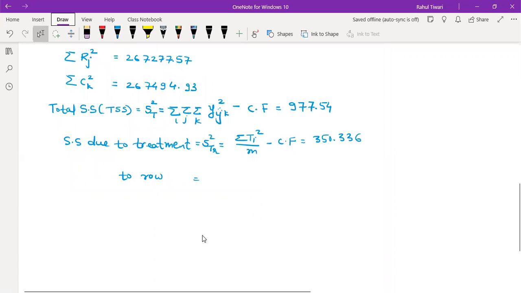So SS due to treatment, SS due to rows, treatments.